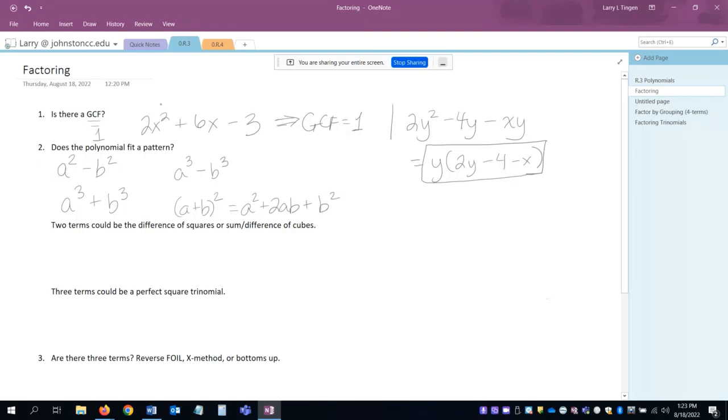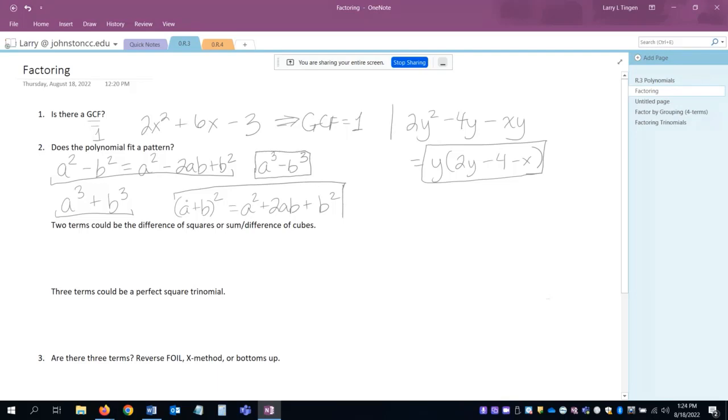A squared minus b squared already has a form. I'm going to put that one back in just a minute. That's a squared minus 2ab plus b squared. So that's 1. That's 2. You may see this, and then you may also see the difference of cubes.